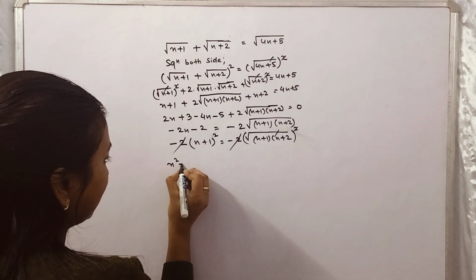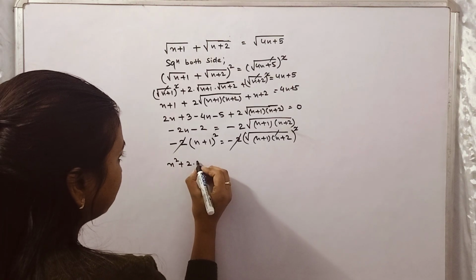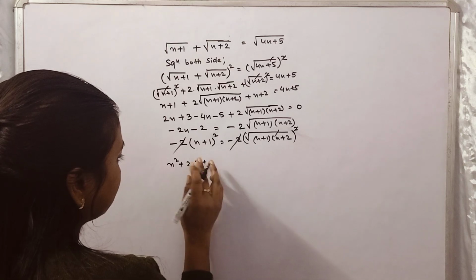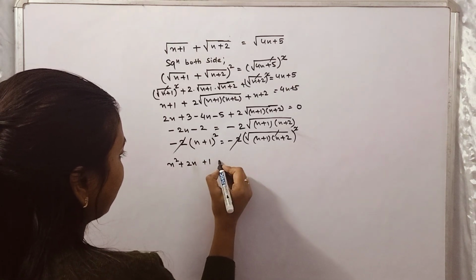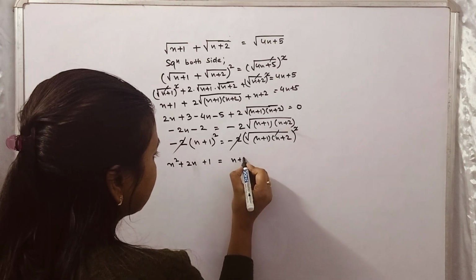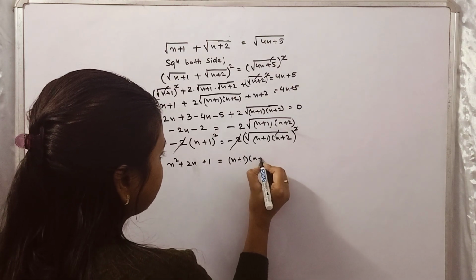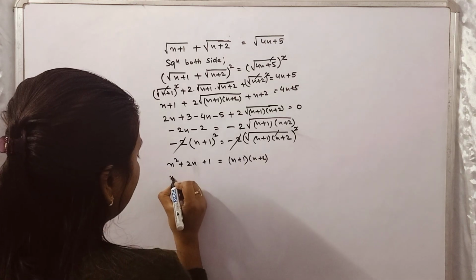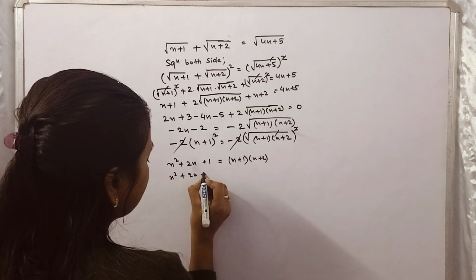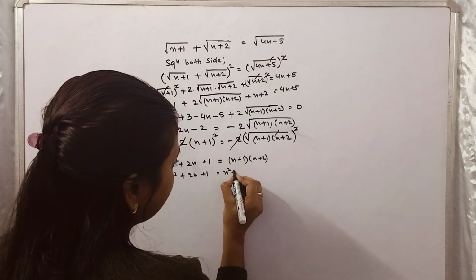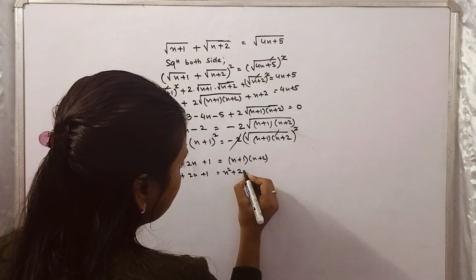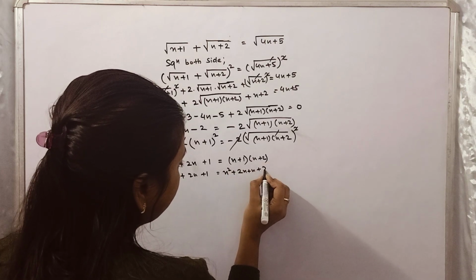So we have a square plus 2ab plus b square. So fine, this will be x plus 1 squared, equal to x plus 1 times x plus 2. So here x square plus 2x plus 1. See here, if you multiply this, you will get x square plus 2x plus x plus 2.